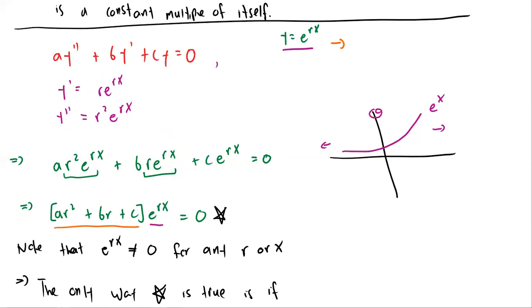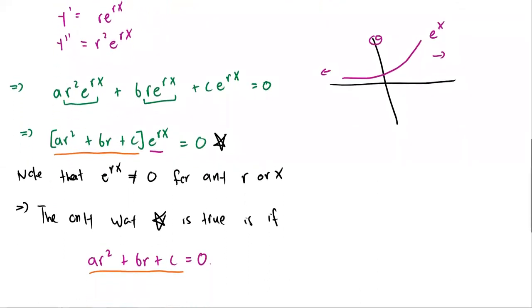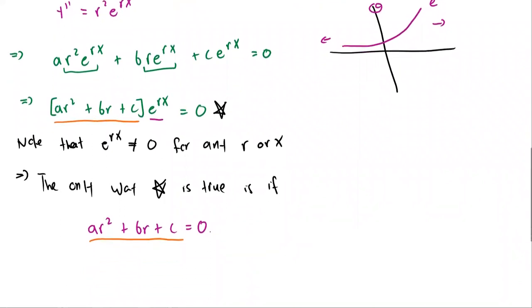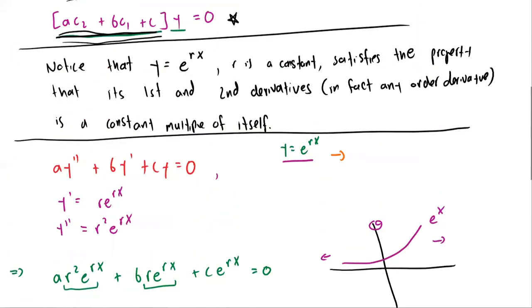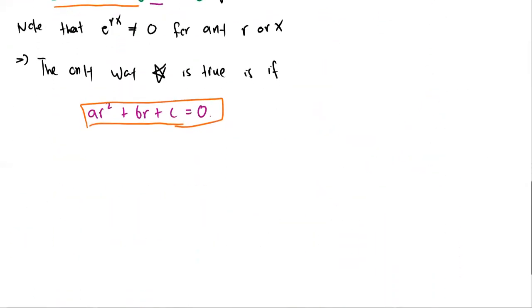And if they're linearly independent, then we're going to have a fundamental set of solutions in some interval. What that means is, in order for us to find two linearly independent solutions to this differential equation, it's going to be equivalent to finding solutions to this polynomial. So we went from a calculus problem, working with derivatives, to an algebra problem, working with just polynomials.